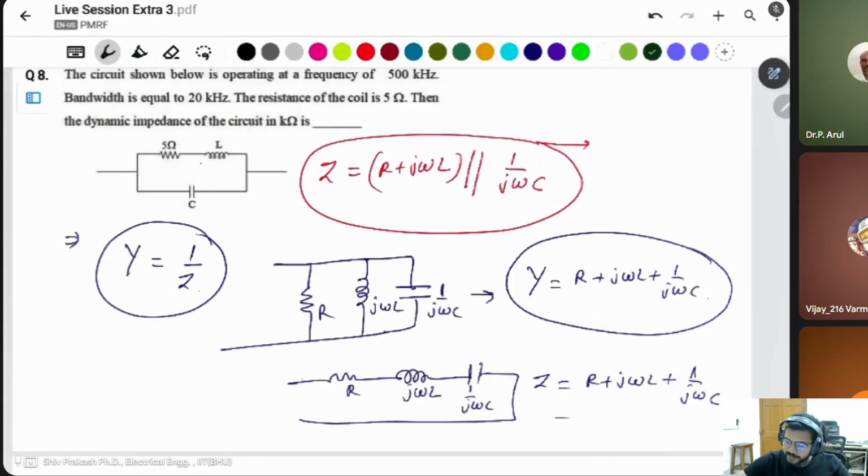Find the impedance in a series circuit and the admittance in a parallel circuit. Then that one is easy to solve.